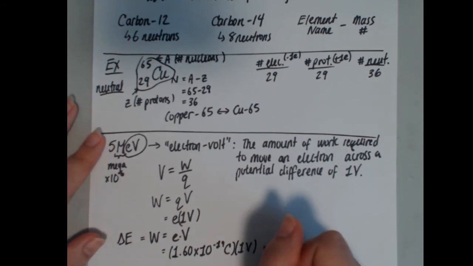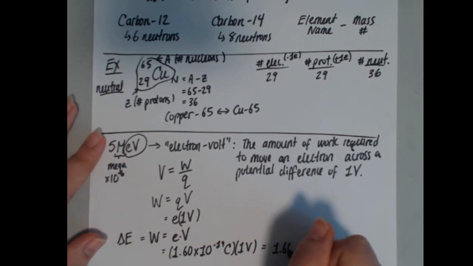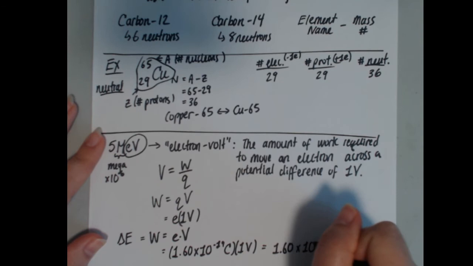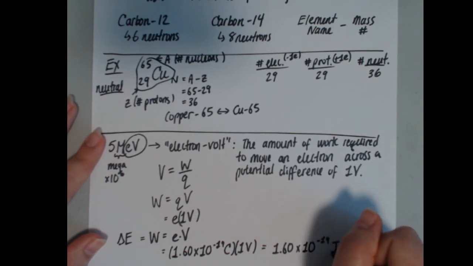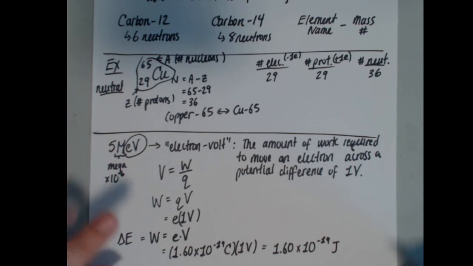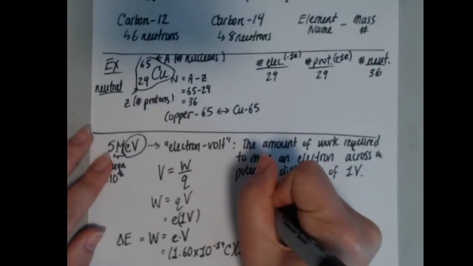So this gives us 1.60. Now, there is a derivation for this, but when you multiply volts by coulombs, you're actually ending up with joules. So this is 1.60 times 10 to the negative 19 joules. What that's showing me is that 1 electron volt is 1.60 times 10 to the negative 19 joules.